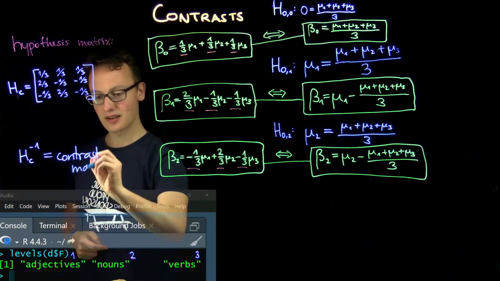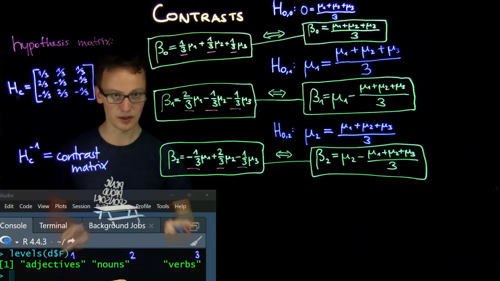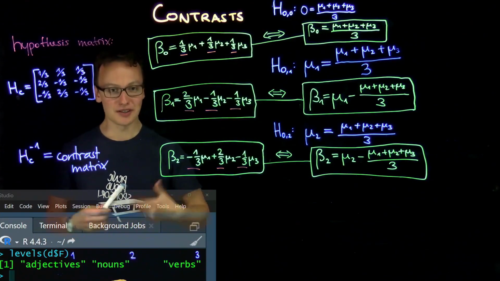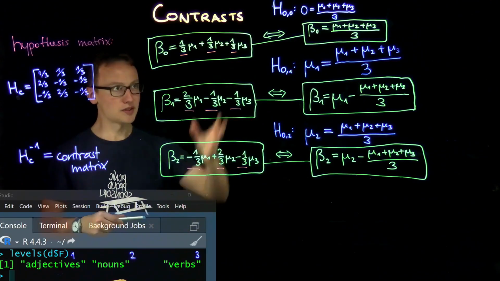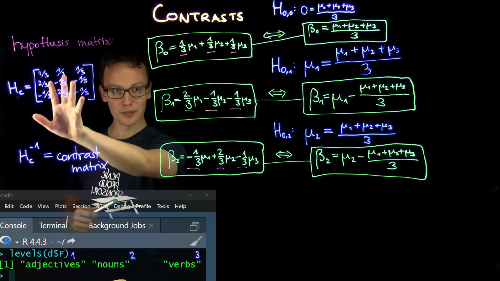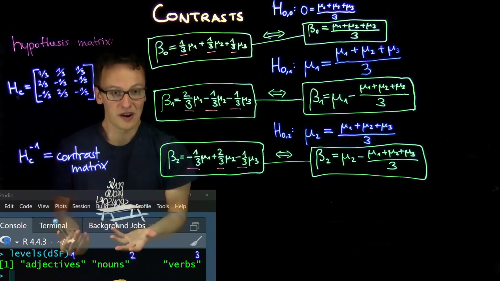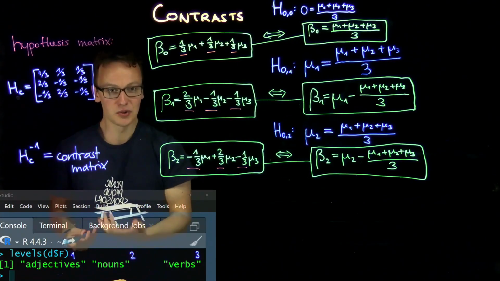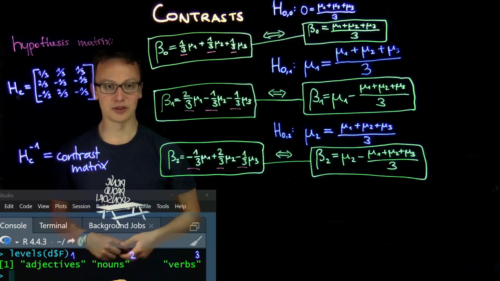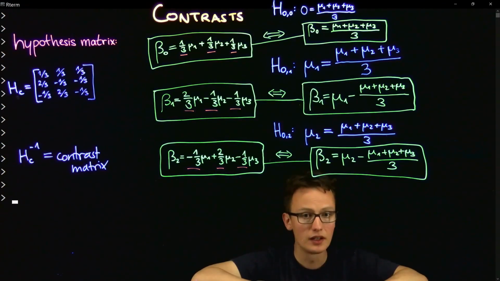Okay, so that is the useful general idea that we want to introduce in this lecture: we can first construct arbitrary hypotheses, represent them in this matrix form, compute the inverse of this matrix, and then we will get out the contrast that we have to use to encode the particular categorical predictor in question. So let us see how we can define this hypothesis matrix in R.